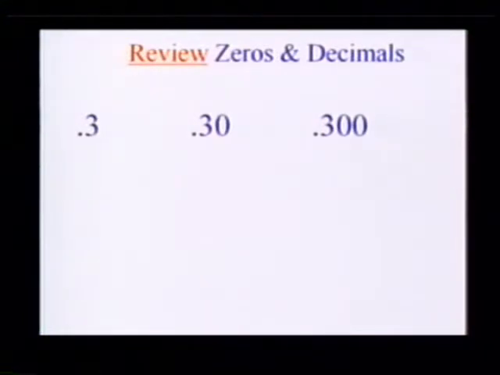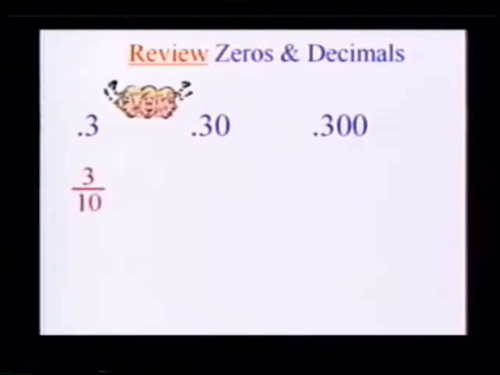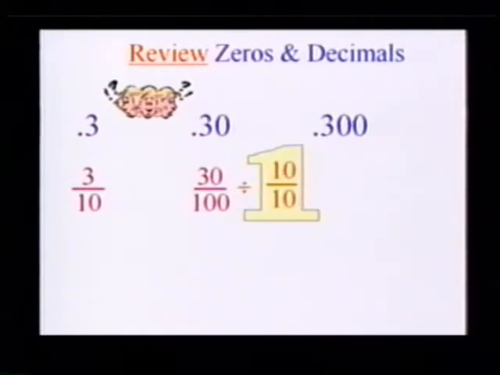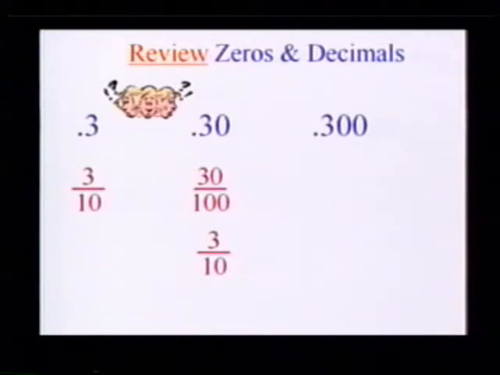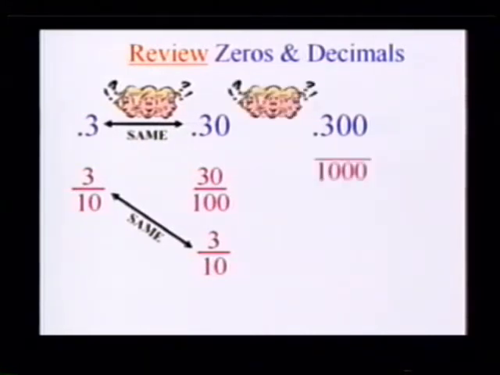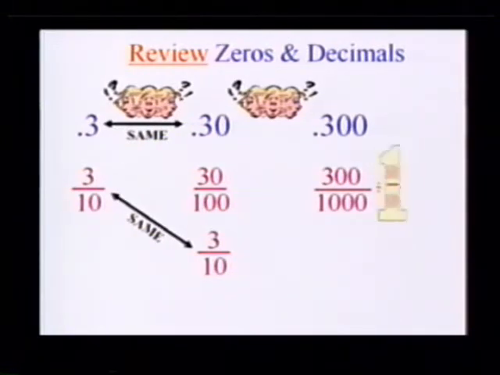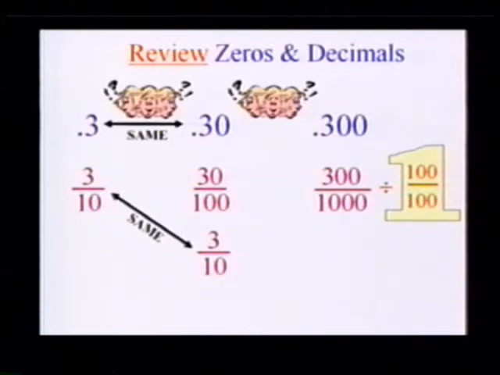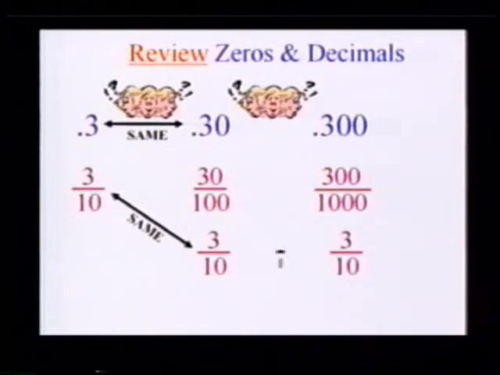Now, before we start this, let's review the idea of putting in zeros and taking them out. Remember that this is 3/10, and that's 30/100ths. Of course, if you reduce it, you get 3/10, and they're the same thing. This one is 300/1,000ths, and if you reduce that, you get the same thing.